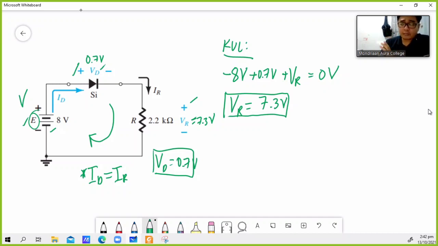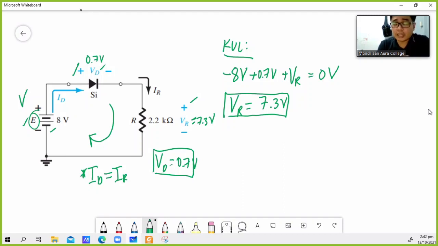Pero hindi natin alam yung resistance ng silicon diode natin. Remember, meron tayong different resistance levels sa mga diodes. So diniscuss ko sa inyo last time yung DC resistance or yung static, and we have the dynamic average AC resistance. So ibig sabihin, yung resistance ng iyong silicon diode or any diode for that matter ay nagbabago depende doon sa ating input voltage.